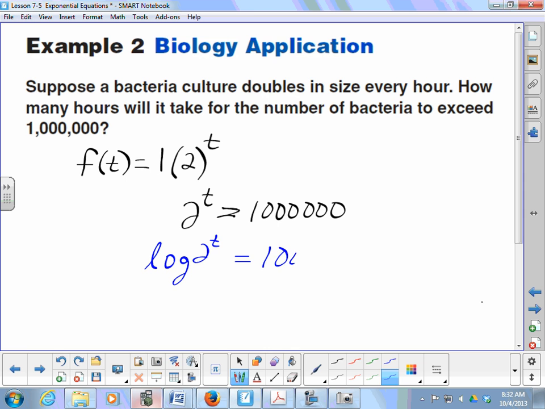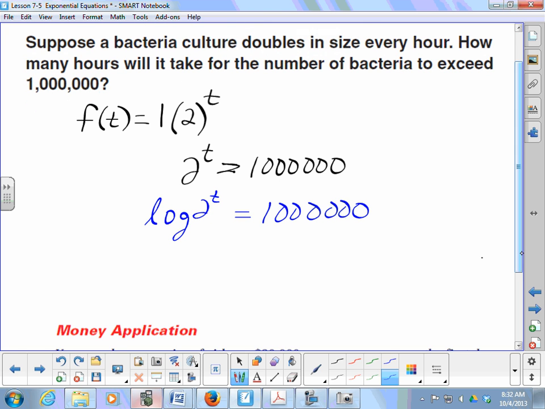And I'm just going to use an equal sign here for a minute. So I move the t to the front, right? So it becomes t log of 2 equals the log of 1,000,000, I'm sorry.